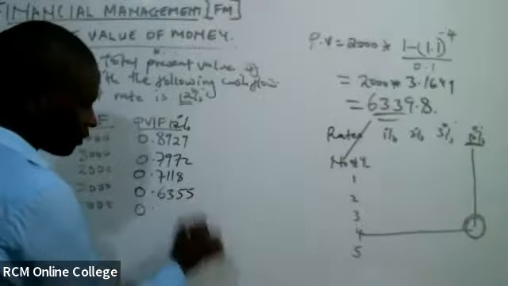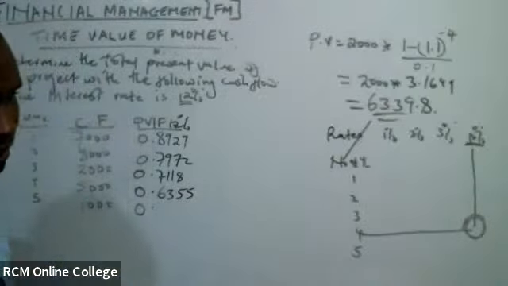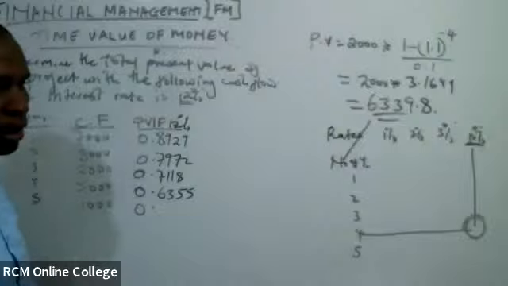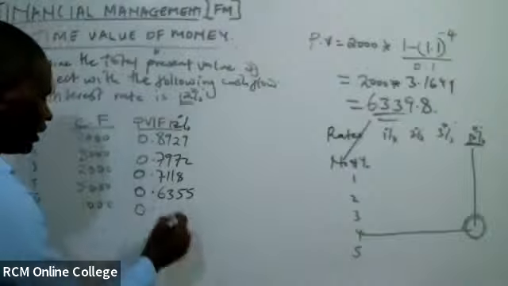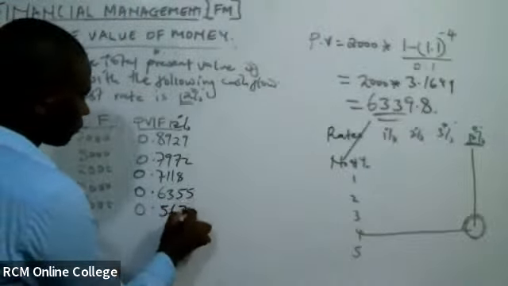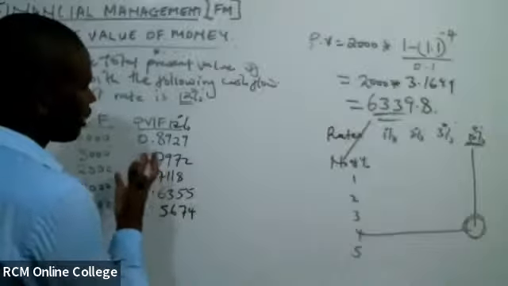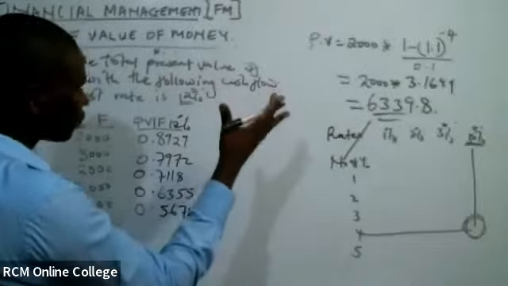And the last one. Ya mwisho sasa. 1.12 raised to -5. Takuwa ngapi? 5674. You see, there's a difference between the irregular and that of regular.